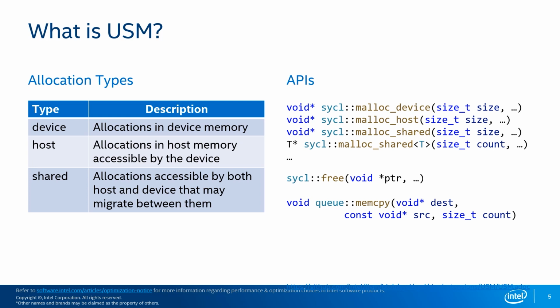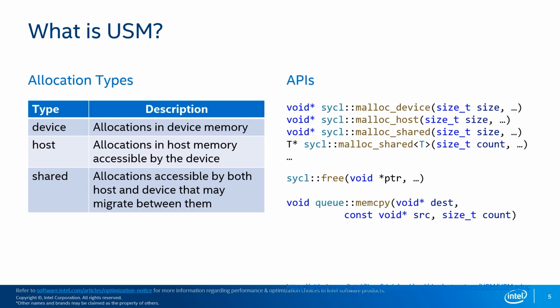The next type of allocation is a host allocation. These are allocations in host memory that are accessible both on the host and on the device. The data stays in host memory and is remotely accessed by the device, often over a bus like PCI Express. The final type of allocation is a shared allocation.